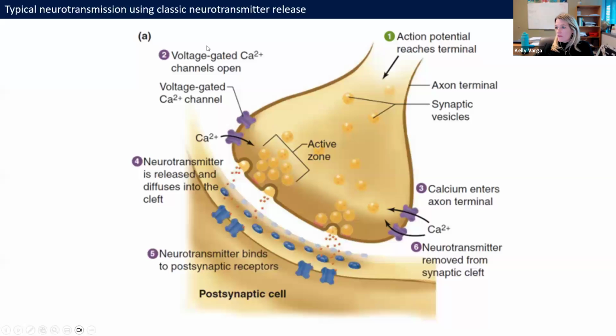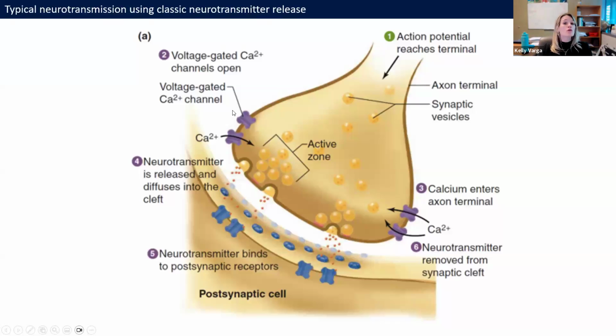So we said that we have calcium that comes in, right? Let's walk through this process. We have an action potential that comes down, and that's involved with the movement of sodium and potassium. That's not going to change. But as that action potential comes down, with saltatory conduction, it's pushing all of that sodium. That sodium has a nice big positive charge with it, and as it's coming down, it's eventually going to hit these voltage-gated calcium channels.